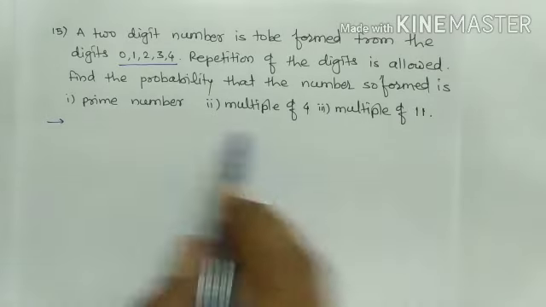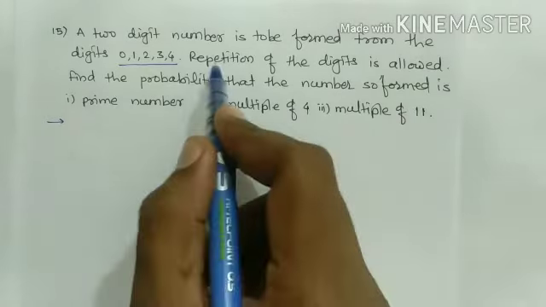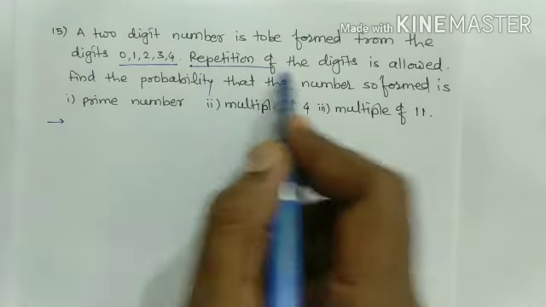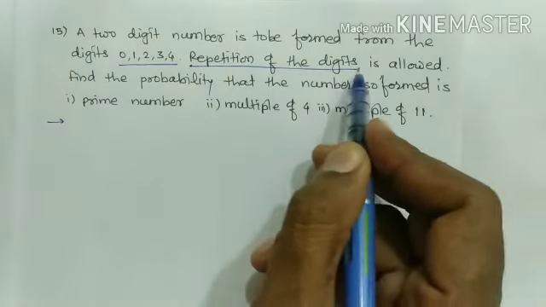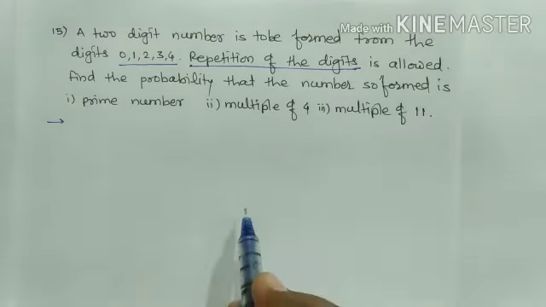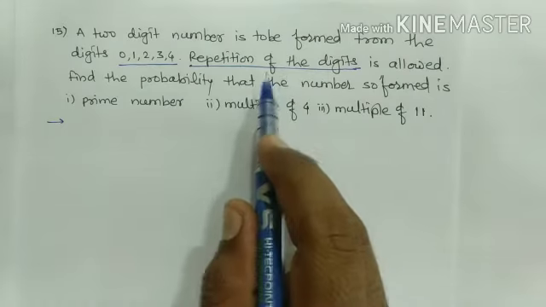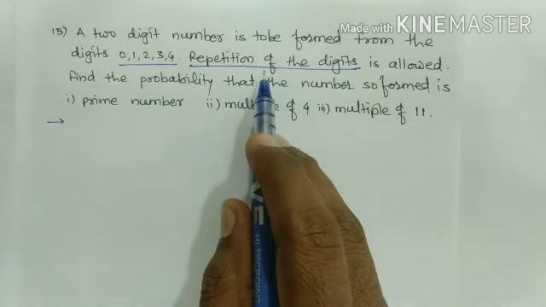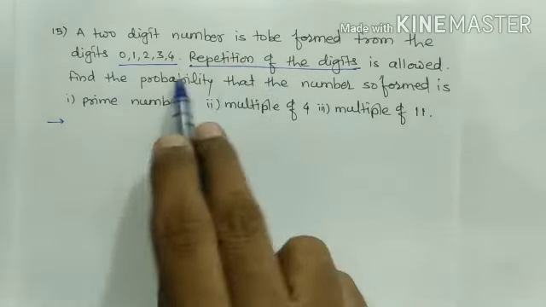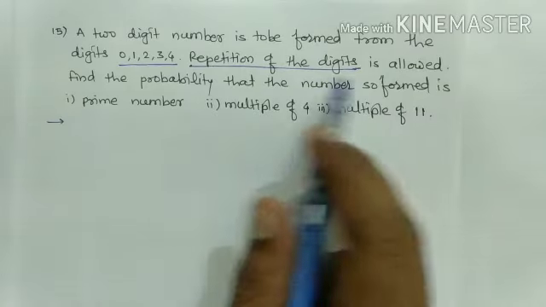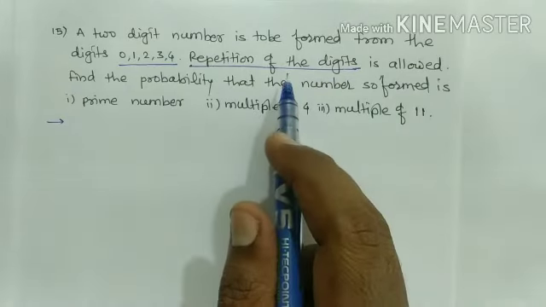These three events are given. Here, the new condition is that repetition of digits is allowed. In the examples so far, the word without repetition was there, that is, that was the condition. Here repeating the digits is fine, that is, it is allowed. This condition is given.